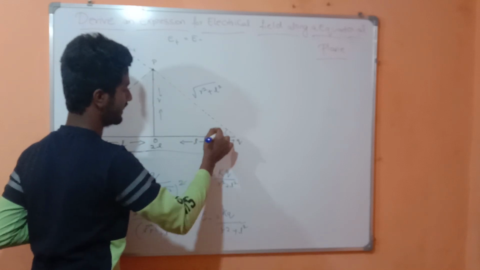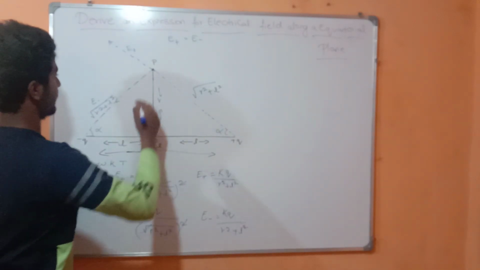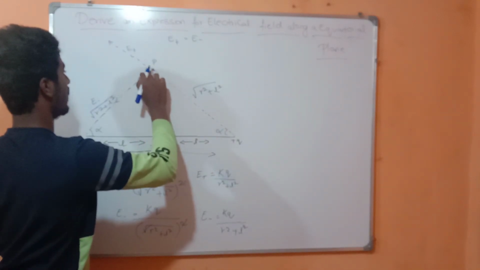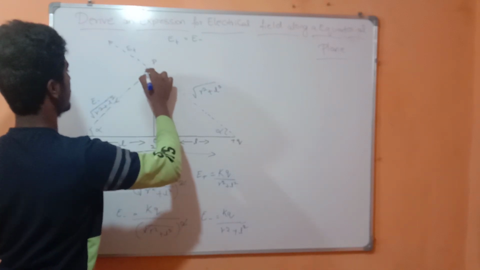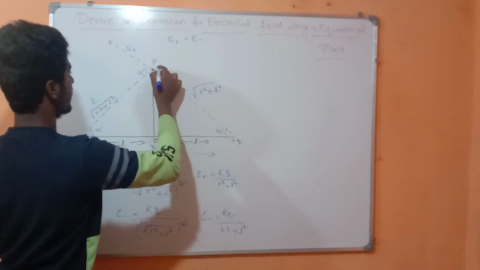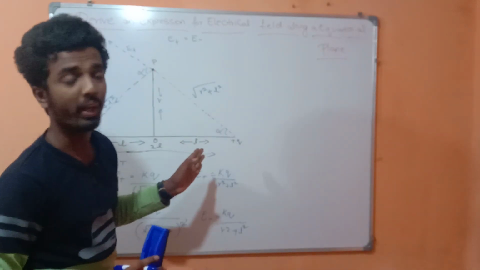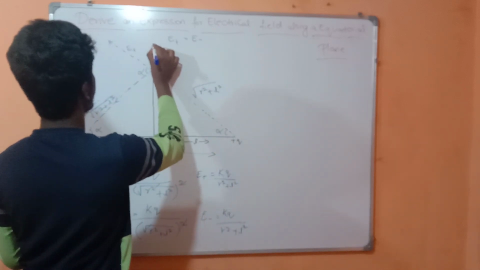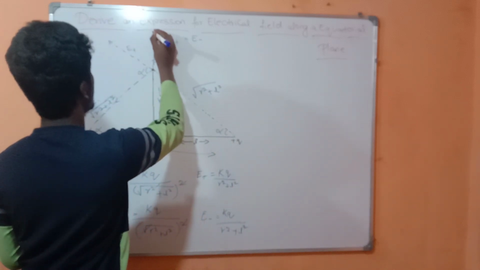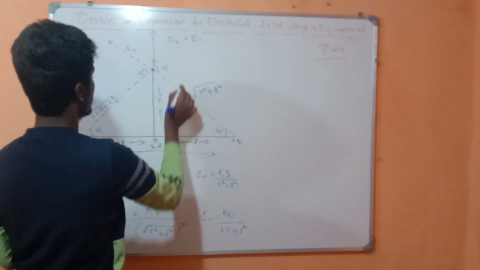The alternate angles will also be alpha. Here, the direction due to the electric charges will move in the upward direction, children. Then this value will also be alpha.